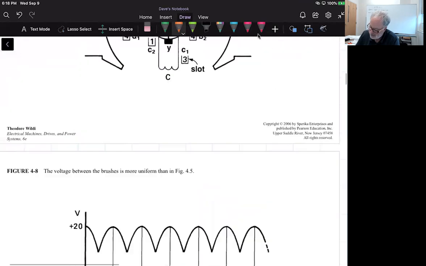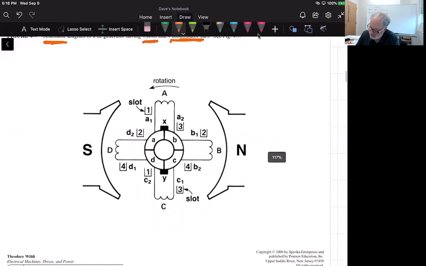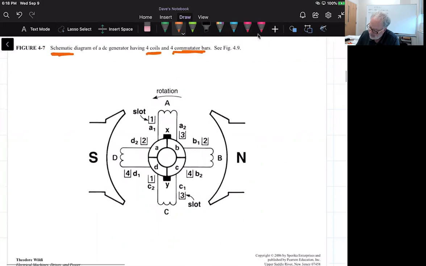All right, so let's get back to 4.7, and I'll point out a few things here. And when I feel like your eyes are glazing over, we'll stop this video and start another one. But we're going to call this coil A, and this is coil C. Now, it's important to see that both of these coils are not under a magnetic pole.